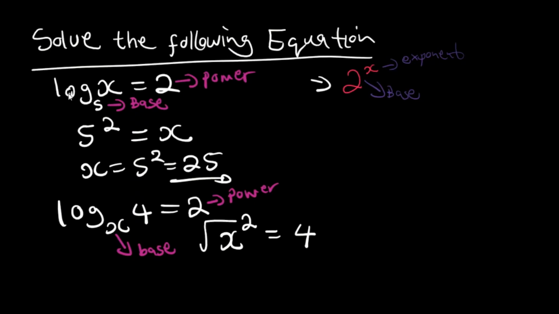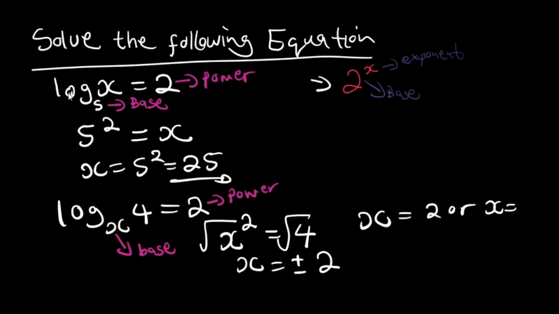And then now to solve for x, we're going to put square root here and square root here, so x will be equals to plus or minus 2. But now you have a solution of x is equals to 2 or x is equals to minus 2, but because x is your base in the logs, it cannot be negative, so x is not equals to minus 2, so 2 will be your answer.